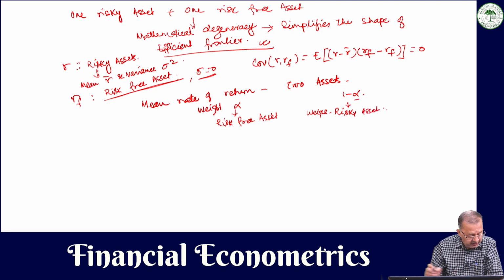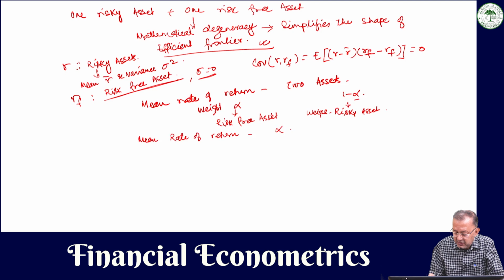So the mean rate of return on the two assets can be written as alpha RF plus 1 minus alpha into R bar.